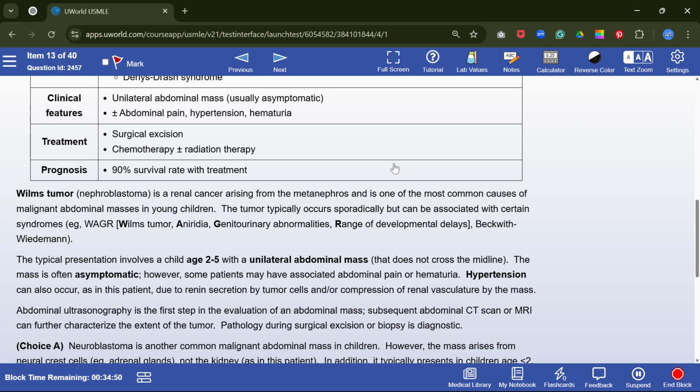Abdominal ultrasonography is the first step in the evaluation of the abdominal mass. Subsequent abdominal CT scan or MRI can further characterize the extent of the tumor. Pathology during surgical excision or biopsy is diagnostic. Okay.